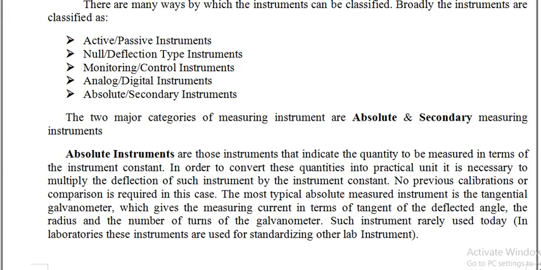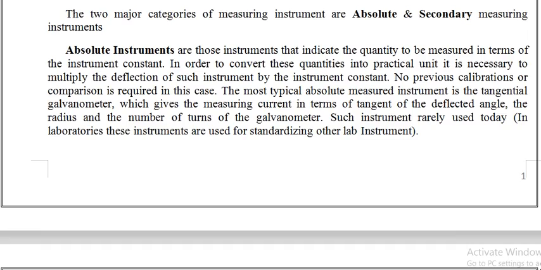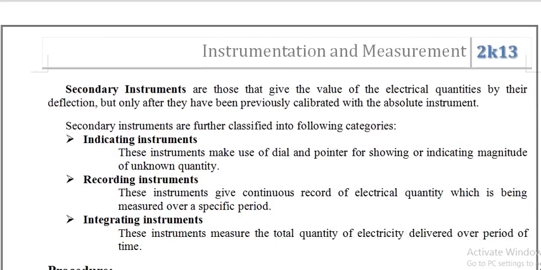But the absolute instruments are specifically designed, and there will be no error in them. They are often placed in standard laboratories, national laboratories, international laboratories, and testing laboratories specifically. So these are some kinds of instruments which I have told you.